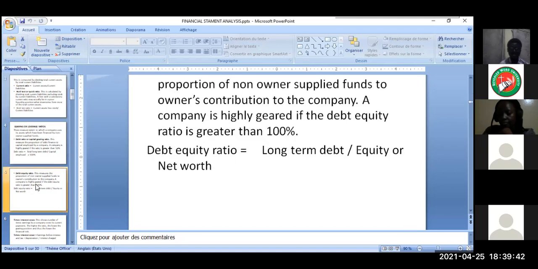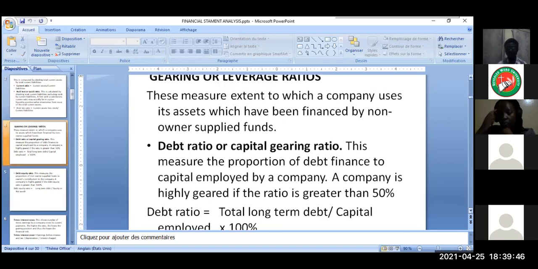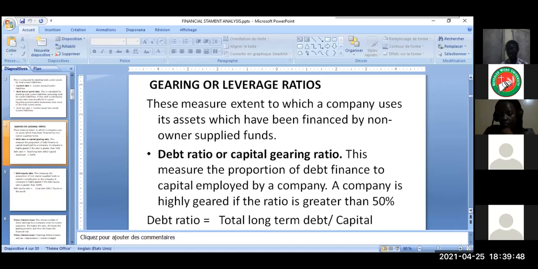Very good. So now we see another type of ratio, which is the gearing ratio we saw yesterday, or leverage ratio. We said we use this ratio to measure to what extent the company uses its assets which have been financed by non-owner supplied funds.